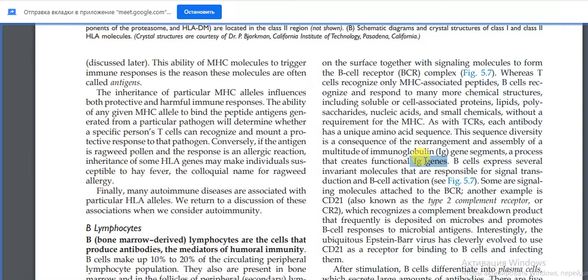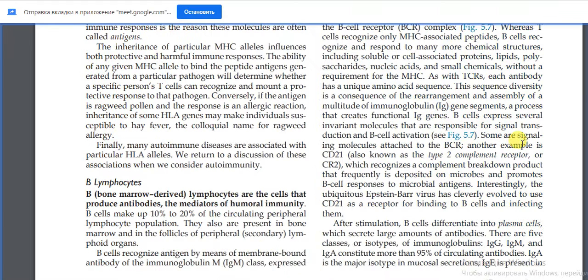Due to rearrangement of these Ig genes, the genes change their locations, drifting from one side to another, and that creates an absolutely specific antibody which was never present in our body, a specific protein which is new for us.